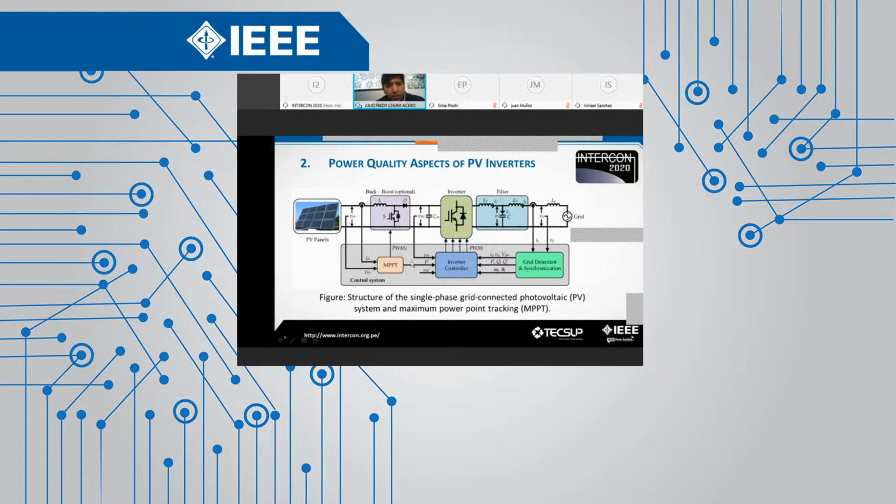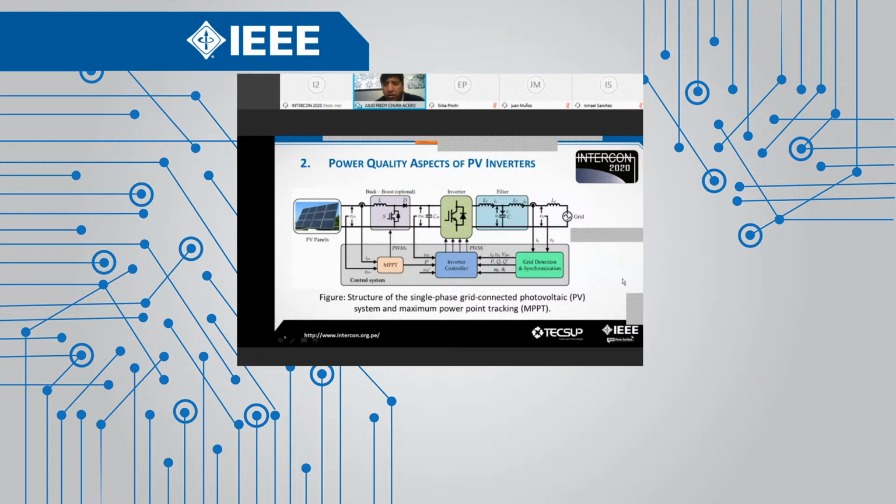And how is the MPPT working? The most important are the current and the voltage. These variables work with the panels, and the MPPT works with the buck-boost, the main optional technology, and the variables are active power and reactive power.